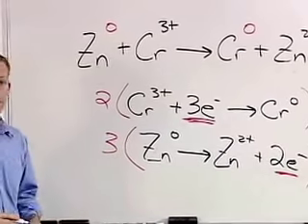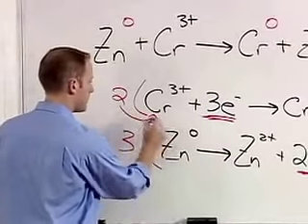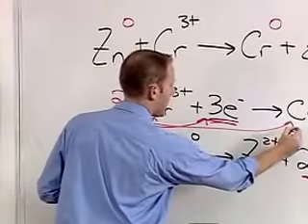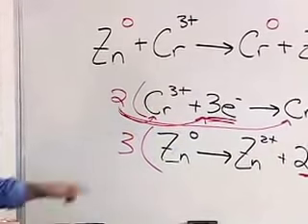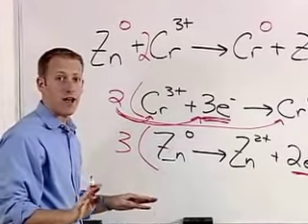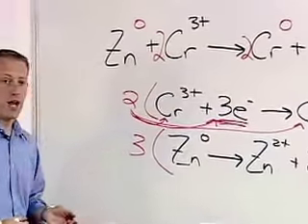Now I distribute this out: 2 chromium, 6 electrons, and 2 chromiums there. So let me put them there. 2 chromiums, 6 electrons I don't need to write, and 2 chromiums. That's halfway done.